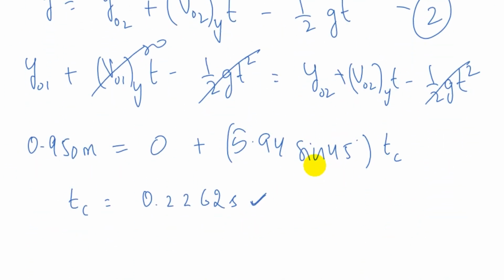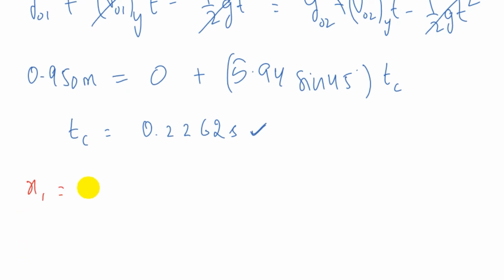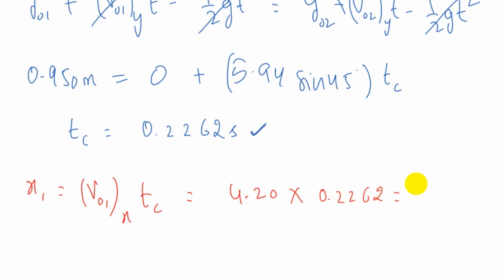Now what would be the x and y coordinate? You can use the simple equations. For marble 1, x1 will be v0 1, the initial velocity in the x direction, multiplied with the time of collision, that is 4.20 multiplied with 0.2262, which is equal to 0.950 meter.